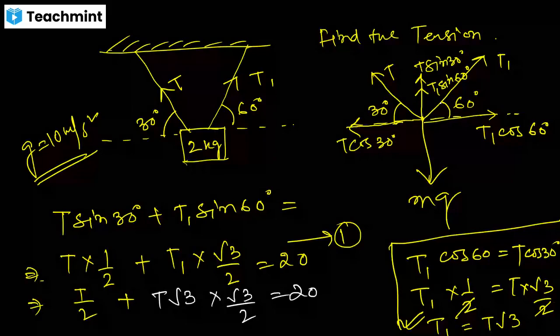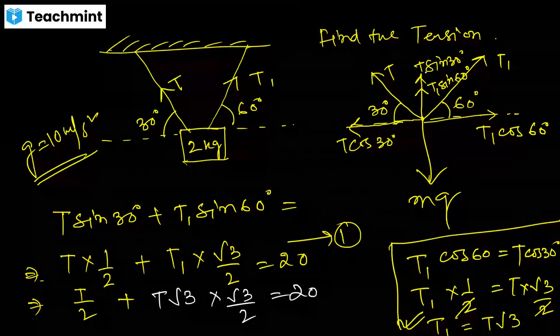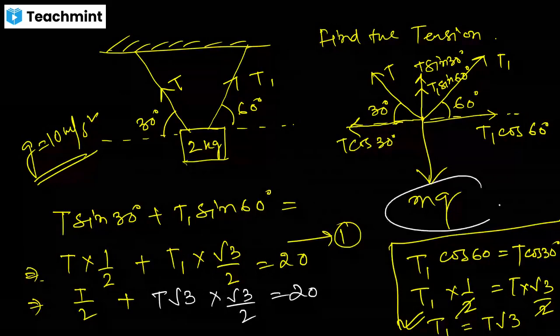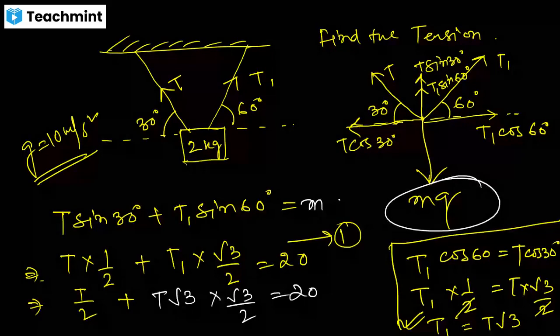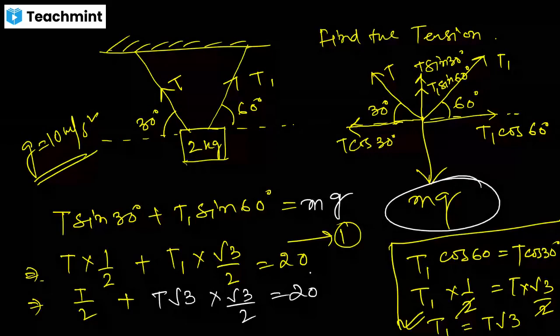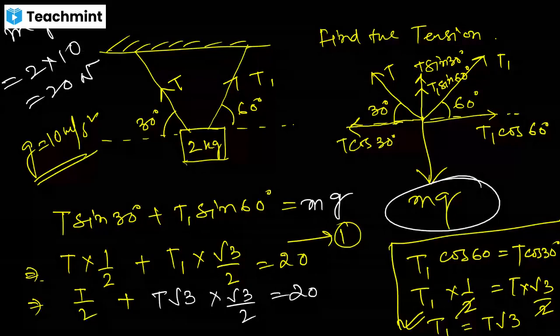Upward forces means T sin 30 plus T1 sin 60, which is equal to the downward force, the weight m into g. So m has the value of 2, g has the value of 10. That's why it is 2 into 10, 20 Newton.